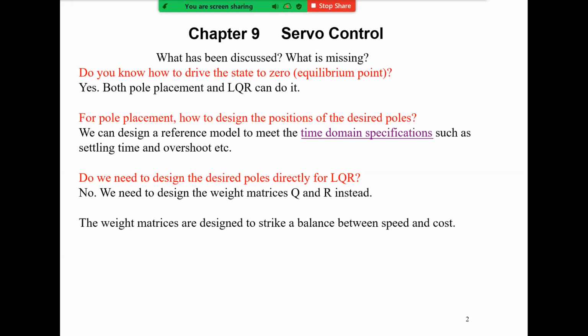You design those weighting matrices to strike a balance between the speed and the cost. Unfortunately, we don't have a well-defined formula for designing the weighting matrices.